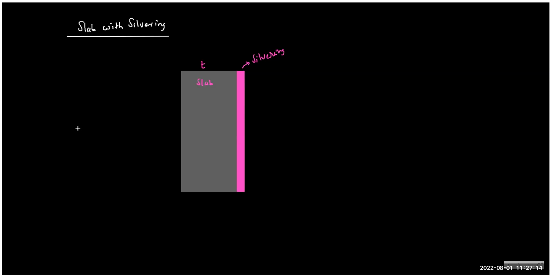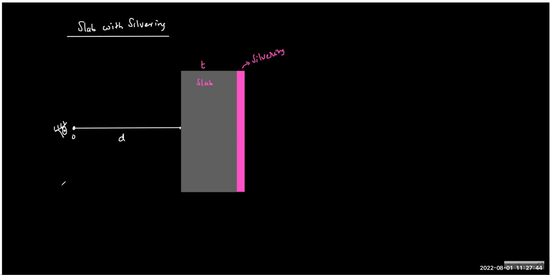Now let's say you have an object here. The distance of the object from the first interface is d, and let's say this is the observer. The observer will see himself because the observer is trying to see through the mirror.